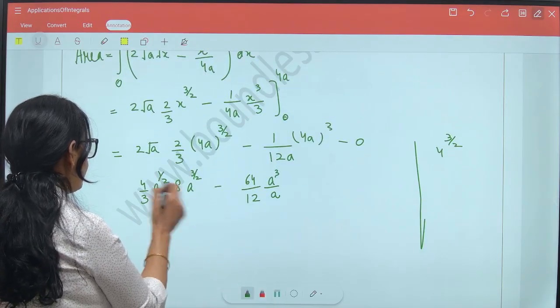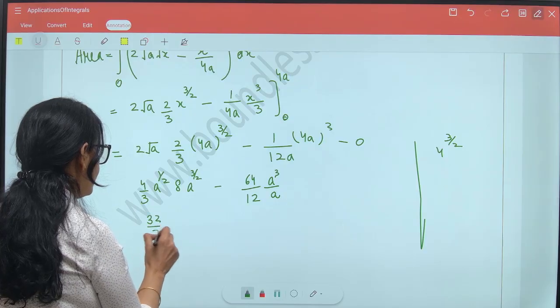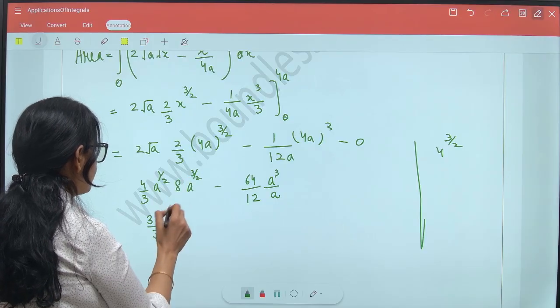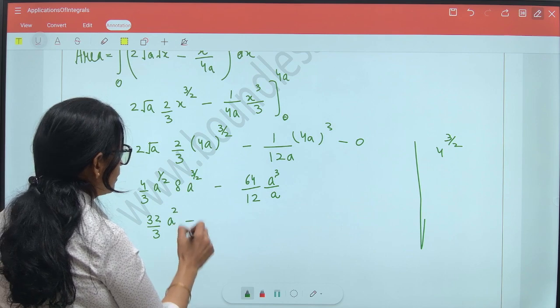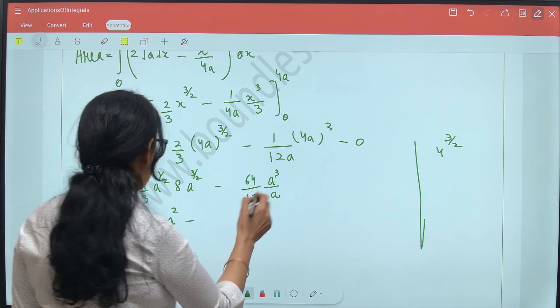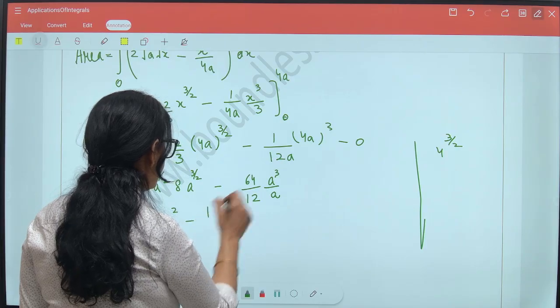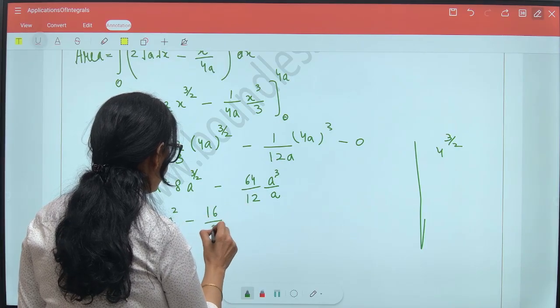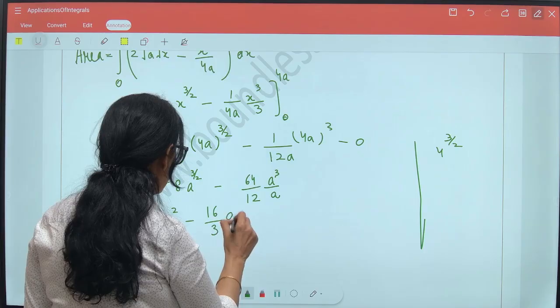Here you get 8 4s are 32, 32 by 3 and it is a to the power 3 by 2 plus 1, that becomes a square, minus, you can divide this by 4, 4 6s are 24, 4 3s are 12, 16 by 3 a square.